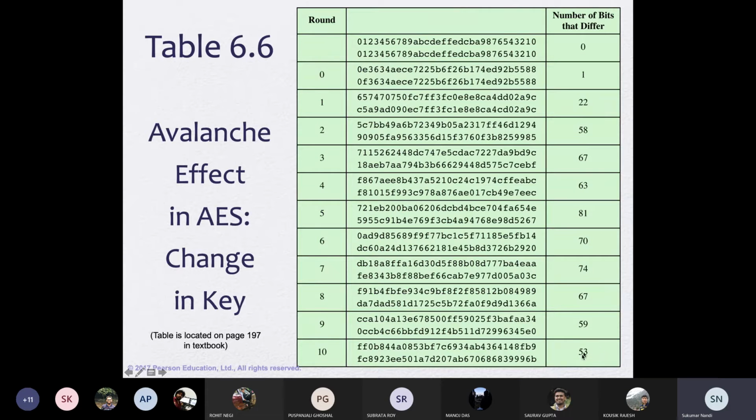Finally, it comes to 53. So this is one example case. In the average case, it is found to be very close to 64. So it satisfies all criteria for an encryption, decryption, or cryptographic system. So AES became popular.